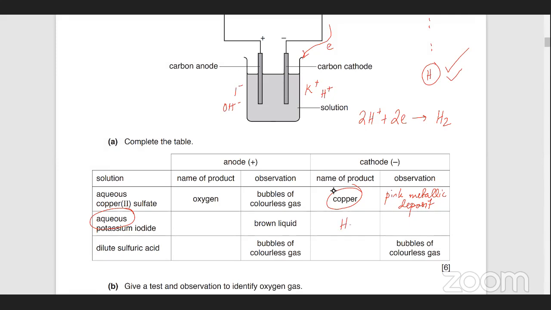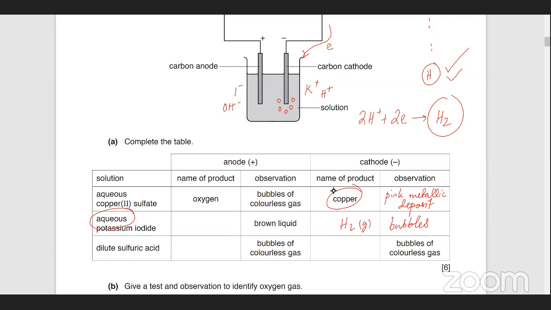So H2 gas formed. You have to write hydrogen gas over here, because he's written the names of the things. And what is the observation? Hydrogen gas is a colorless gas, so it's going to be bubbles or effervescence that are going to be seen at cathode. So यहाँ पे आपको छोटे-छोटे bubbles मिलना शुरू हो जाएंगे.